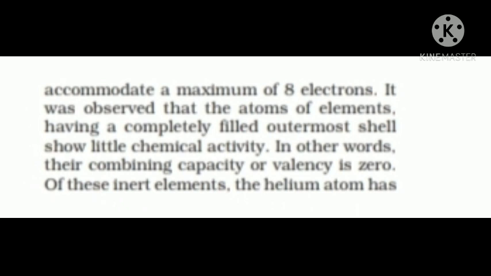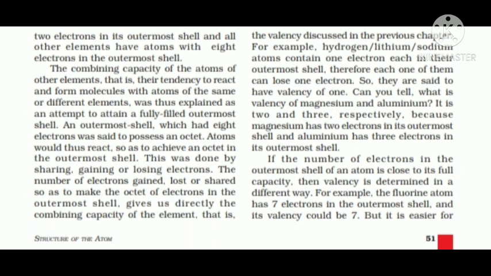It was observed that the atoms of elements having a completely filled outermost shell show little chemical activity. In other words, their combining capacity or valency is 0. Of these inert elements, except helium, all the other inert gases have 8 electrons in the outermost shell. The helium atom has 2 electrons in its outermost shell.